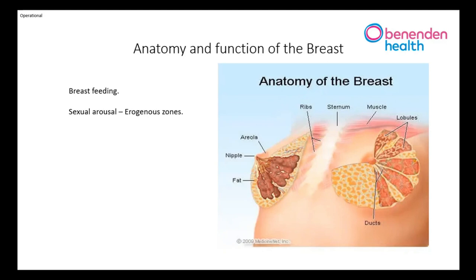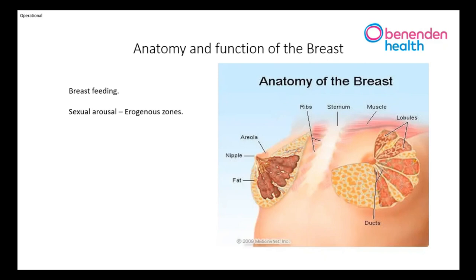Structurally, the breast consists of a number of lobes connected by milk-carrying ducts to the nipple, and each lobe is a compound gland branching into lobules and alveoli, lined with epithelial cells that are supported by a loose matrix of connective tissue. This connective tissue includes an accumulation of adipocytes, or fat cells.